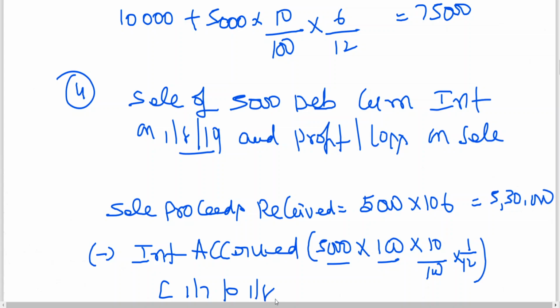This interest is included in the sale proceeds. So therefore you have to calculate 5,000 into 100 into 10%, 1 by 12, which is 4,167.